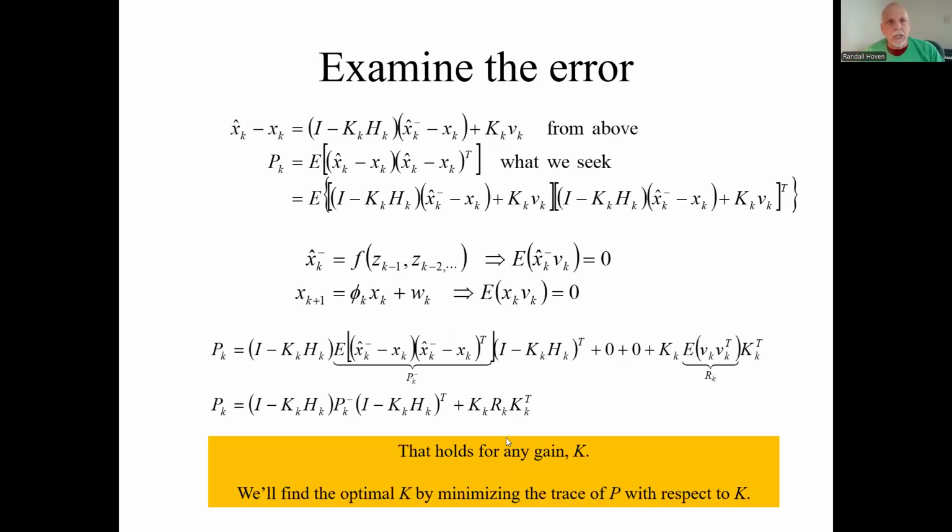Now let's look at that error, because we want to look at the covariance of that error. Here was the error. We got that in the previous chart. The covariance by definition was this thing. And what is that? Let's replace each of these with this mess.